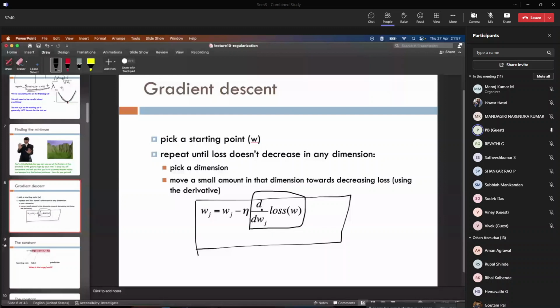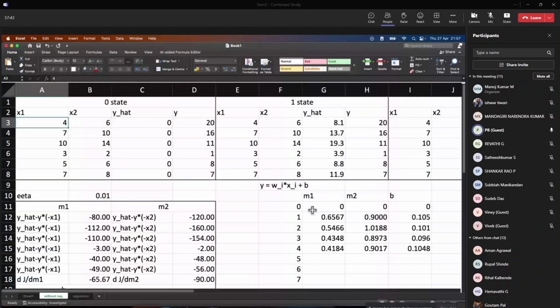Now if I have a function y is equal to m1 x1 plus m2 into x2 plus b, what do you think I will get if I differentiate this function with respect to m1? Since every other term in partial differentiation is considered a constant, this part will automatically become 0, since the derivative of a constant is nothing.